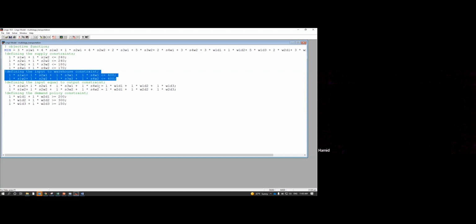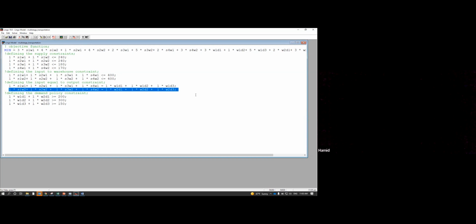So everything that comes into the first warehouse, as you see, S1W1, S2W1, S3W1, S4W1, means whatever comes into W1 should be equal to W1D1, W1D2, and W1D3, whatever goes from the first warehouse to the first, second, and third demand points. So inward should be equal to outward. Same for the second warehouse.